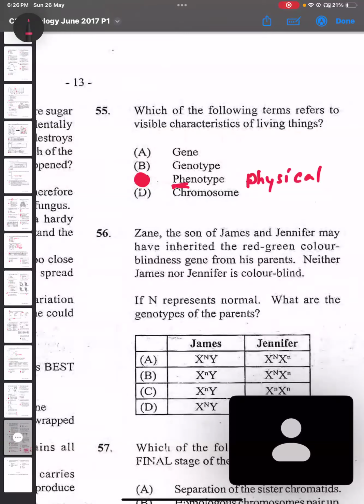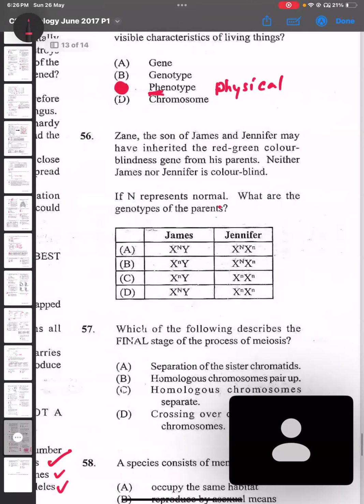Zane, the son of James and Jennifer, may have inherited a colorblindness gene from his parents. Neither James nor Jennifer is colorblind. We know that the gene for colorblindness is X-linked, so it is carried on the X chromosome. The father is not colorblind, so we know that he, because he's male, would have Y. And he's not colorblind, so he would have the dominant gene for it.